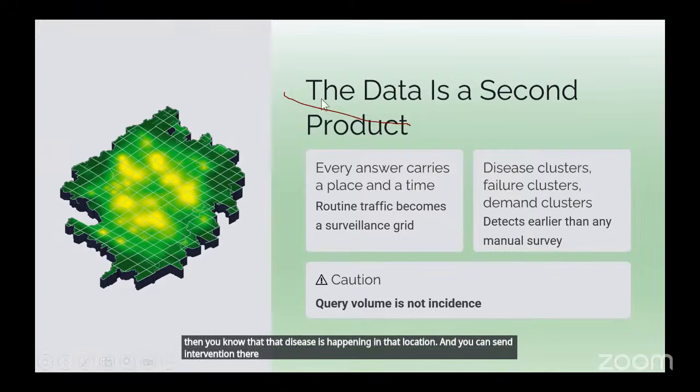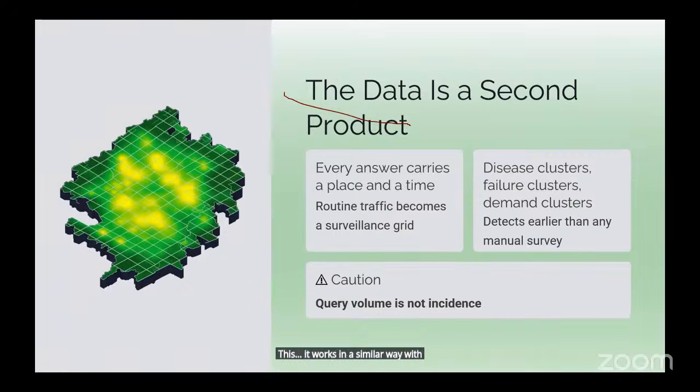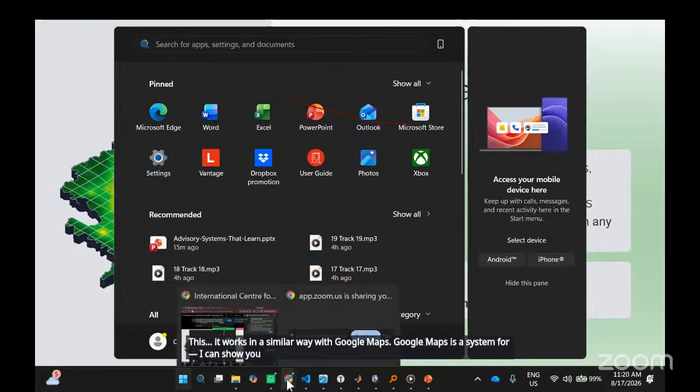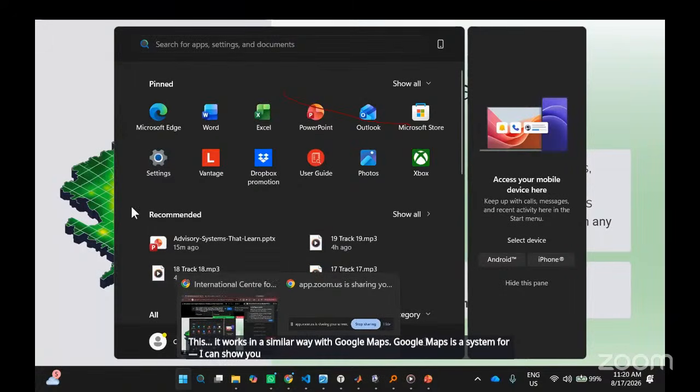So disease clusters, failure clusters, demand clusters can be detected simply because you are seeing what people are doing. It works in a similar way with Google Maps. Google Maps is a system for, well, maybe I can show you. Let's see if I can show you Google Maps.